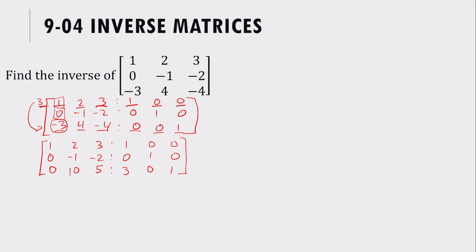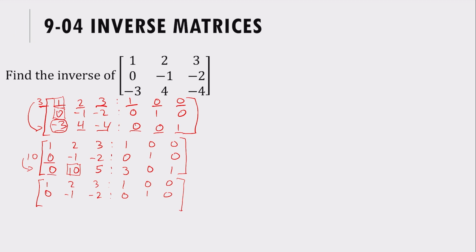All right, now let's turn this 10 into a 0. So I can multiply the second row by 10 and add it to the third row. The first row will stay the same. The second row will stay the same. I am changing the third row.